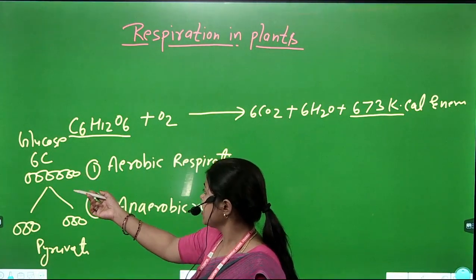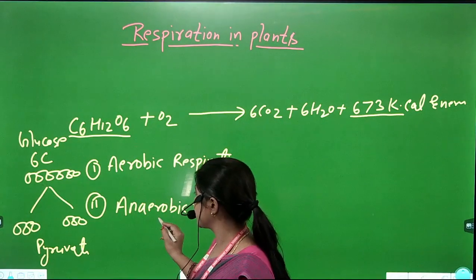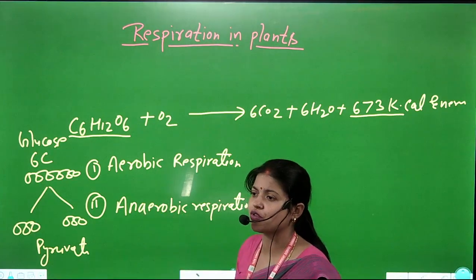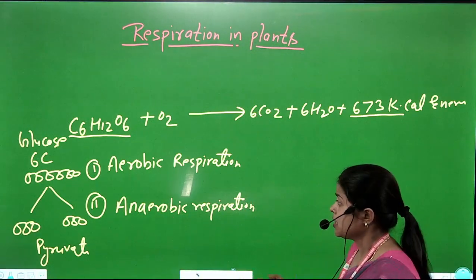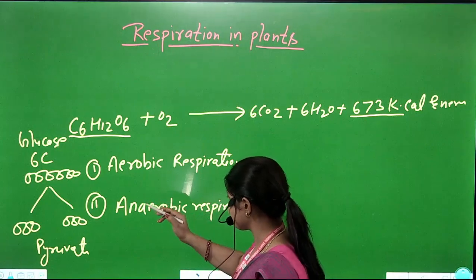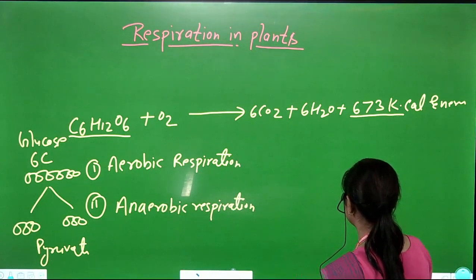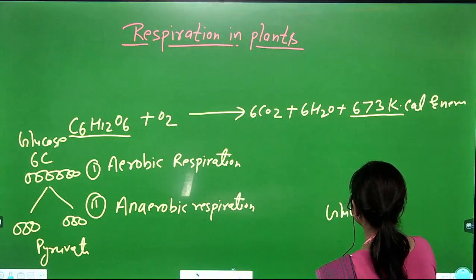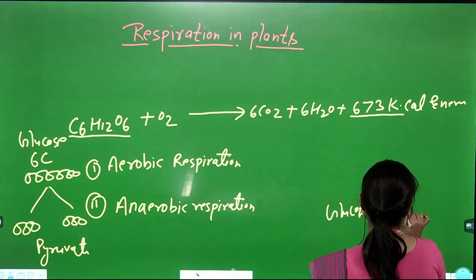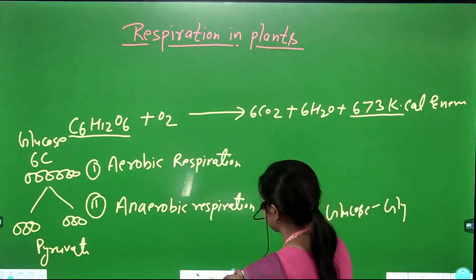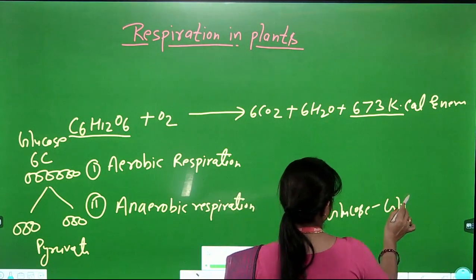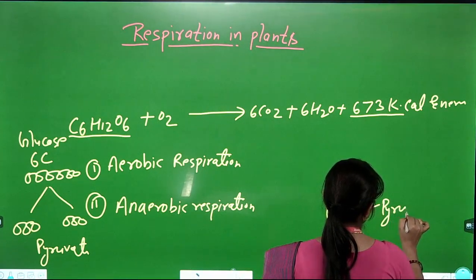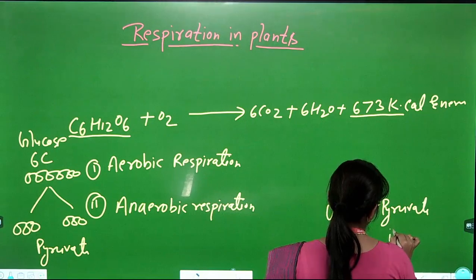In both aerobic and anaerobic respiration, the glycolysis process is common. In glycolysis, as you have already learnt in class 10th, glucose is first converted into pyruvate in the cytoplasm.